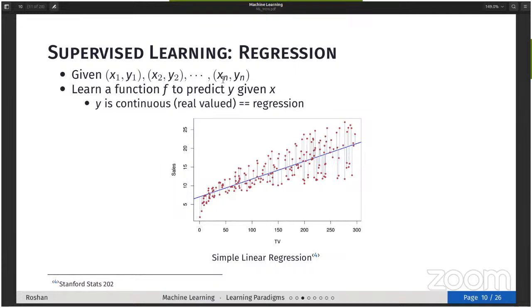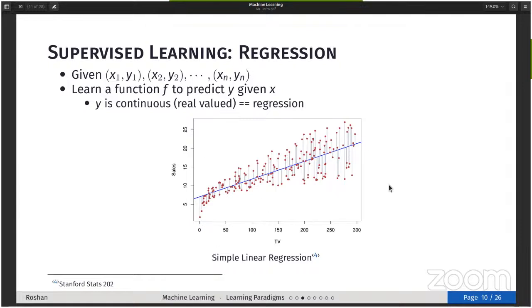You have n data points. What we want to do here is we want to learn a function f in mathematical terms. We want to learn a function f that takes x as input and gives y as output. And if y is continuous or real value, that is a regression case.